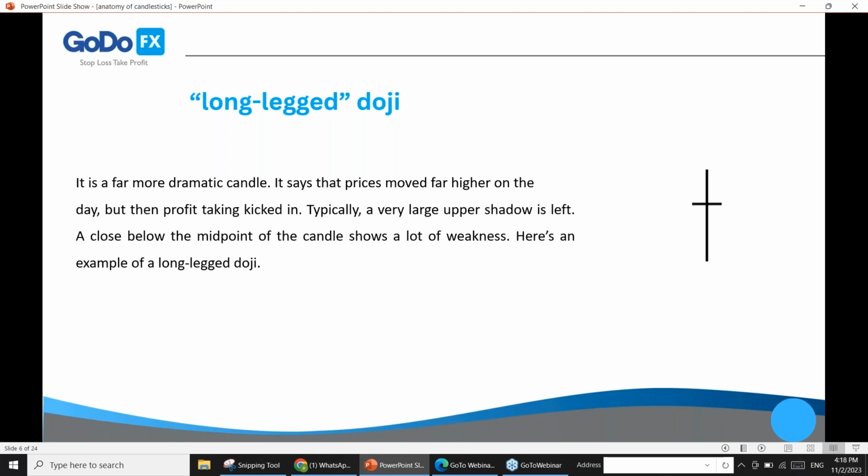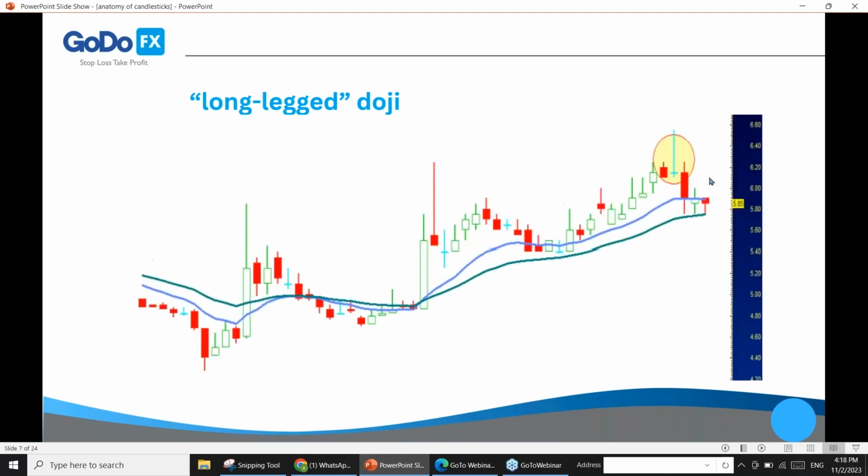Here is an example of a long-legged doji. This is why we call it a long-legged doji, because the lower wick is bigger than the upper one. And we could see that here, after it, we have a bearish trend.